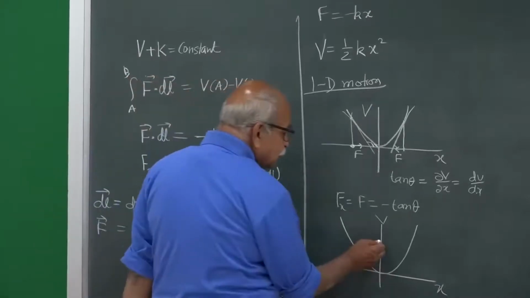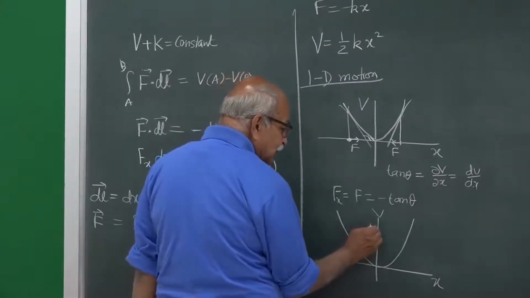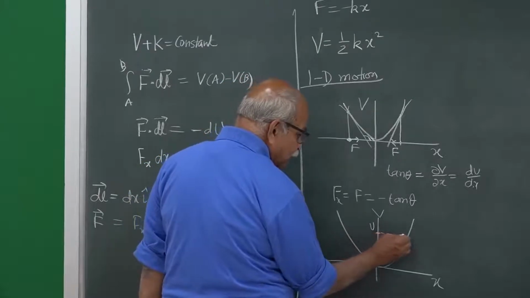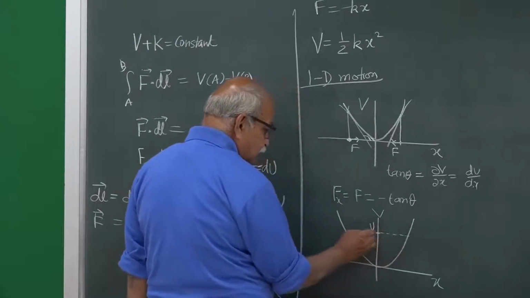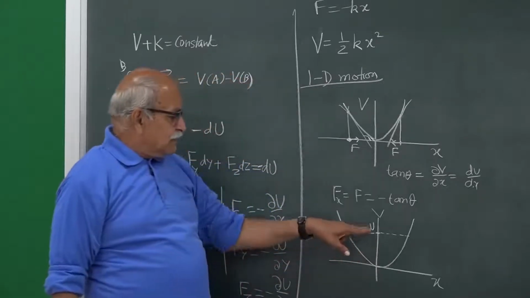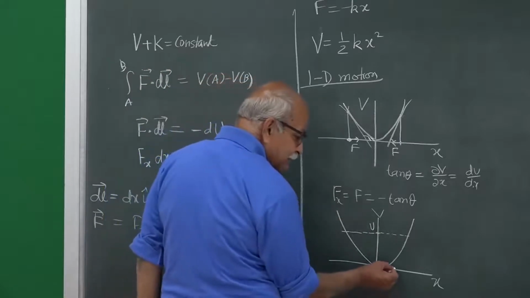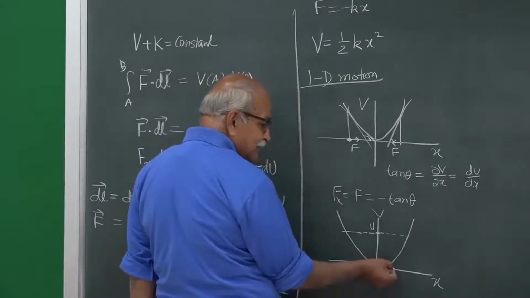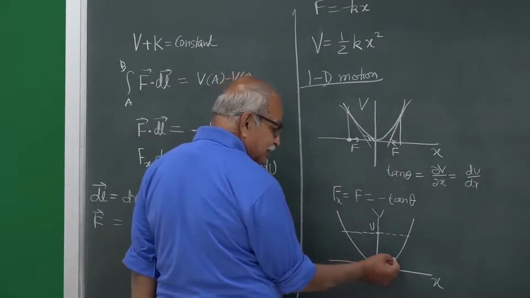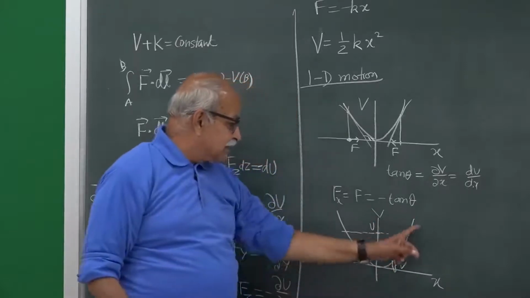And if this is that total energy u, then if I draw a line here, the total energy will always remain u. Suppose the particle is somewhere here, then this much is the potential energy, because this is the potential energy curve.